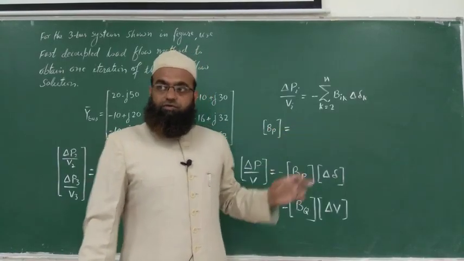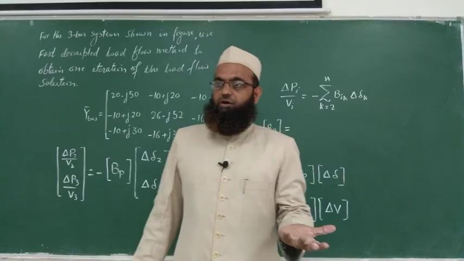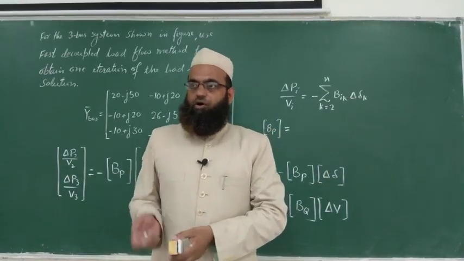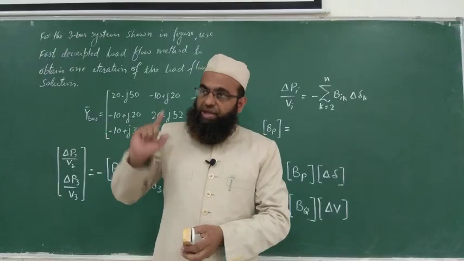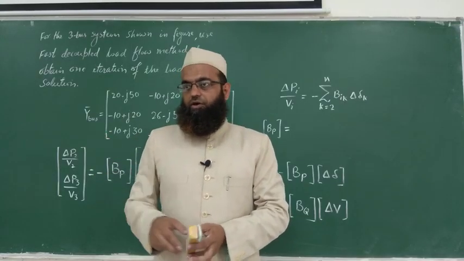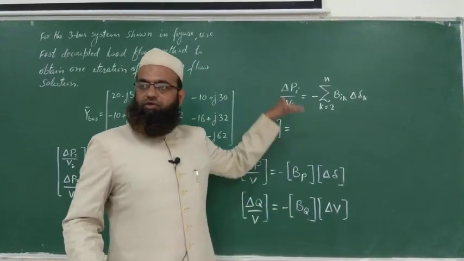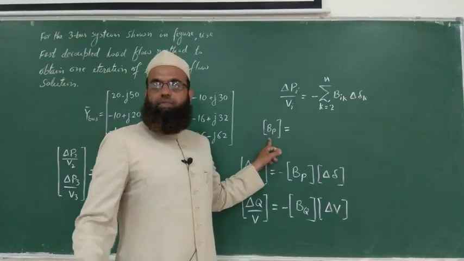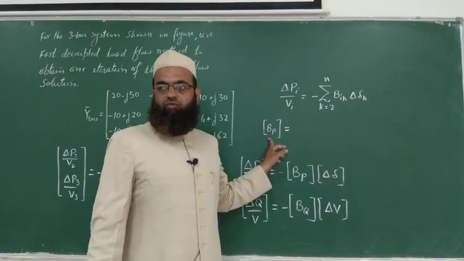Why? Because except the slack bus, for an n bus system, whether PQ bus or PV bus, all the buses are having P as a specified parameter. Fine. So you will have how many rows? n minus 1. So the dimension of this will be n minus 1 cross n minus 1.